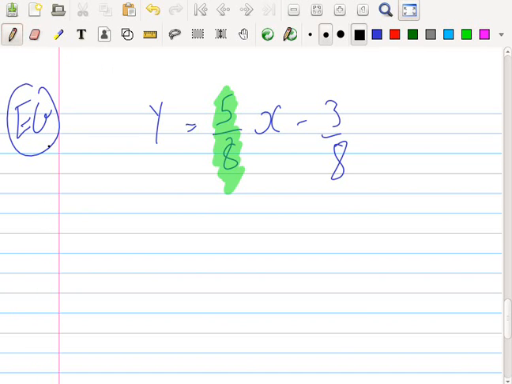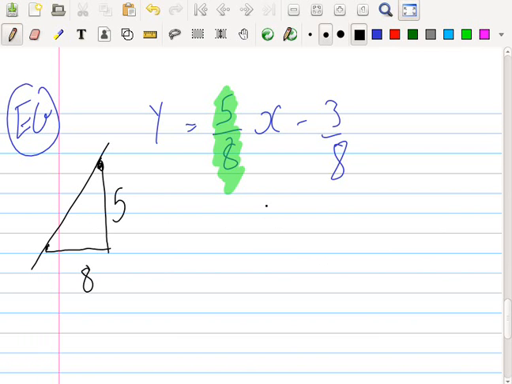Any ideas? Yeah, go ahead. It goes up 5 and right 8. So in other words, if you have a slope of 5/8, what that means is on your line, every time you travel 8 units to the right, you will travel up 5 units.